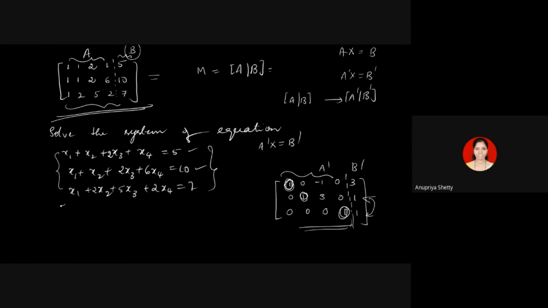I'm writing down now the matrix A': 1, 0, minus 1, 0; 0, 1, 3, 0; 0, 0, 0, 1, multiplied by x1, x2, x3, x4, equal to 3, 1, 1. So solving the given system Ax equal to B is the same as solving the new system A' x equal to B'. So how do you solve this?